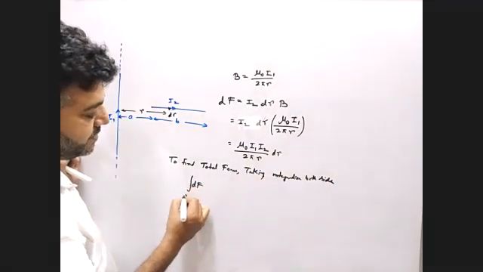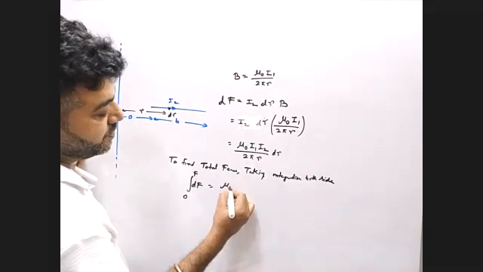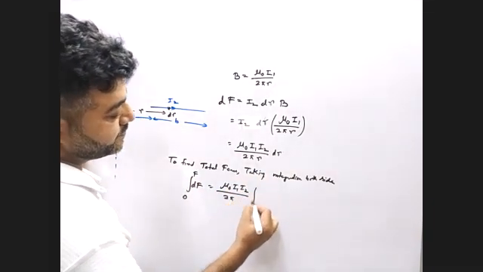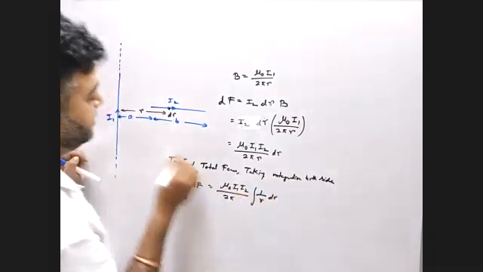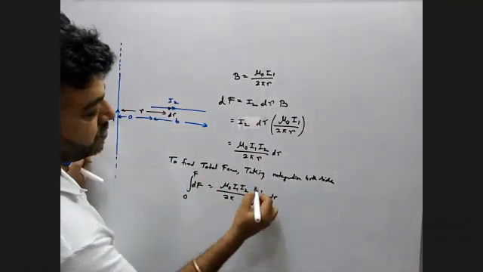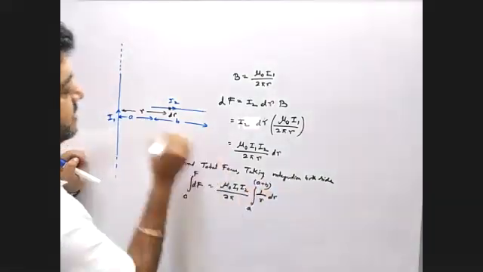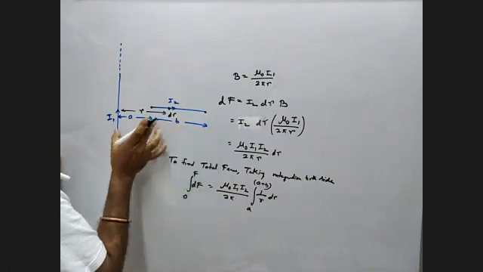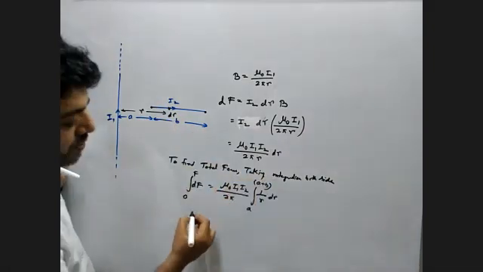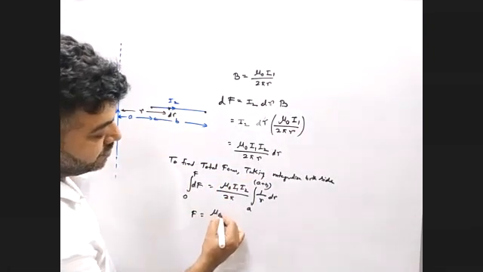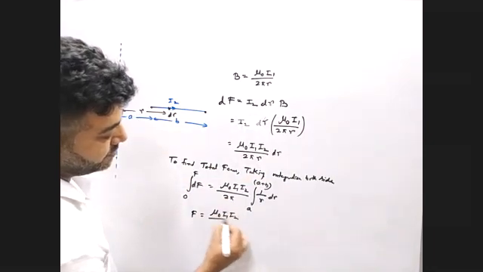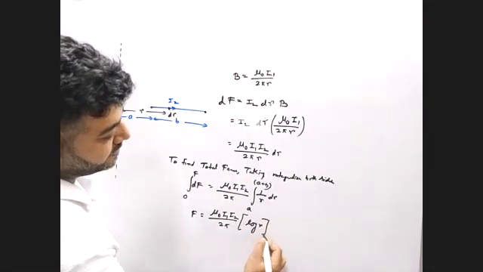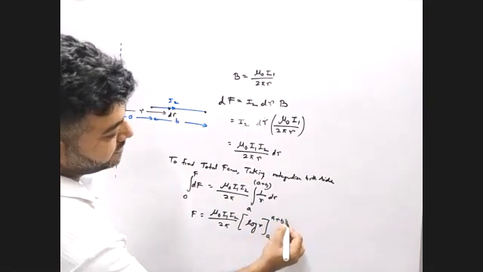dF from 0 to F equals mu naught I1 I2 by 2 pi, integral of 1 by r dr from a to a plus b. Is it okay? This is my one end, this is my another end. This end is a, this end is a plus b. So F is equal to mu naught I1 I2 by 2 pi, log of r from a to a plus b.